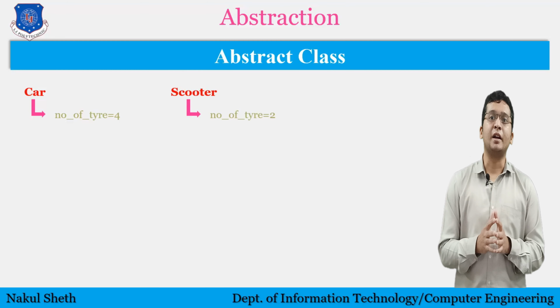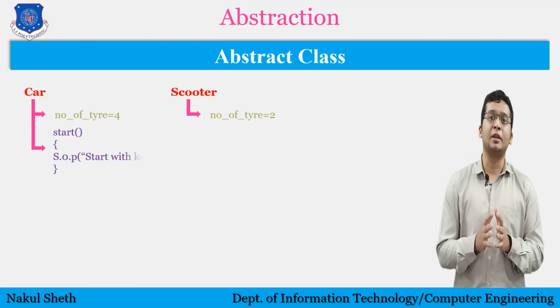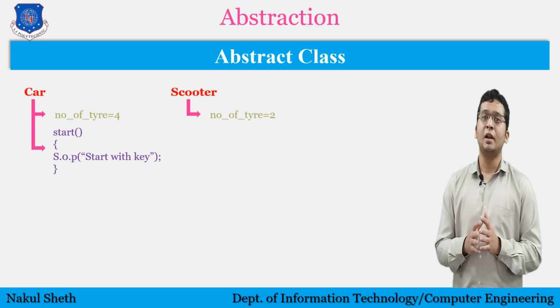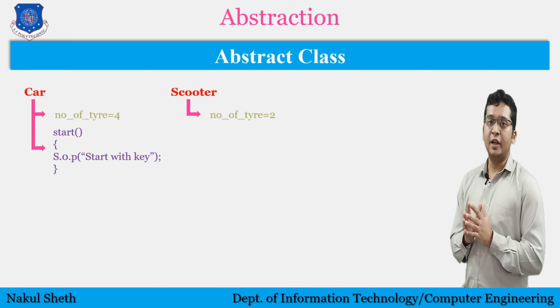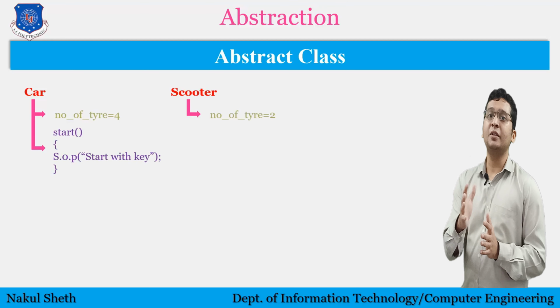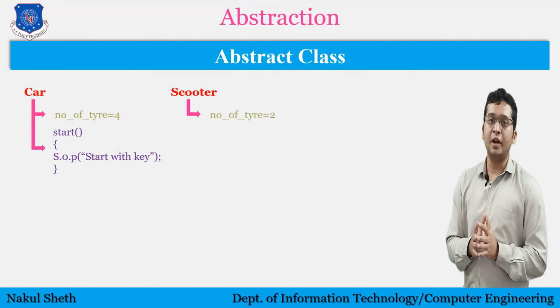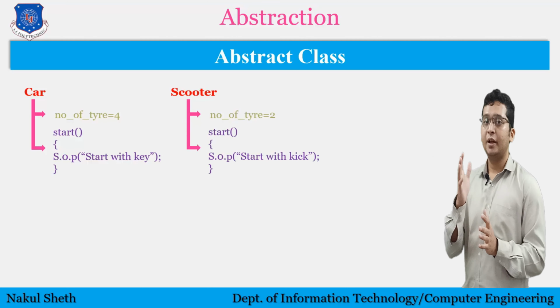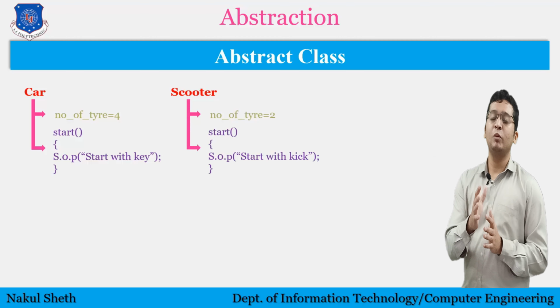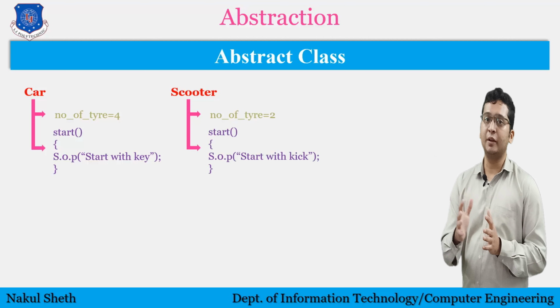Then in car I am going to create a method, that is the start method, and in its body I am going to print start with key. And in the scooter class I am going to create the same method, that is start, and in its body I am going to print start with kick.